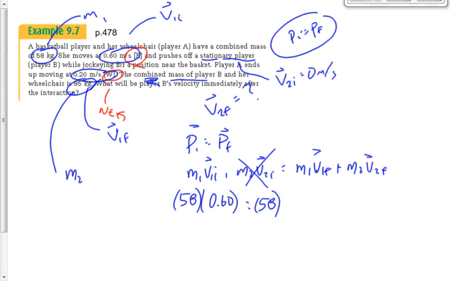V1F was negative 0.20. I'm not going to forget that negative because I drew attention to it with red. Although I'll tell you, if you don't draw attention to it, how easy would it be to forget to make it a negative with all the wording in this question? M2 is 85. V2F is what we're looking for, right?